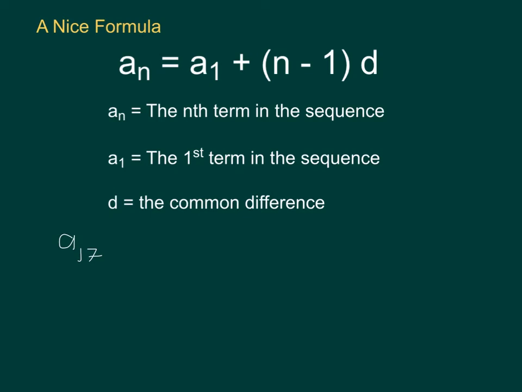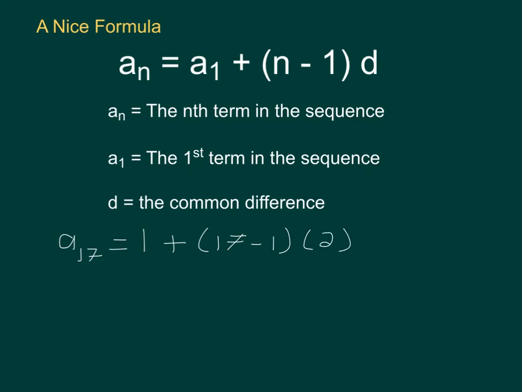And a sub 1 we know is the first term in the sequence, so in this case that's 1, plus n minus 1. Well, n in this case is the same n from my subscript on my a, so I'm looking at 17 minus 1. And then d is the common difference, which we saw was 2.